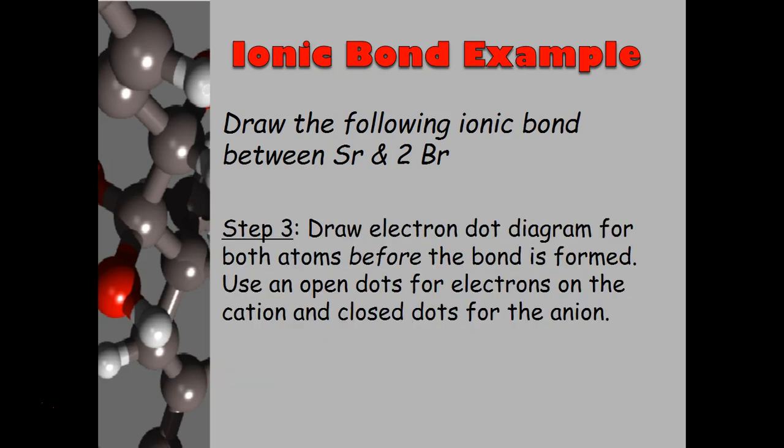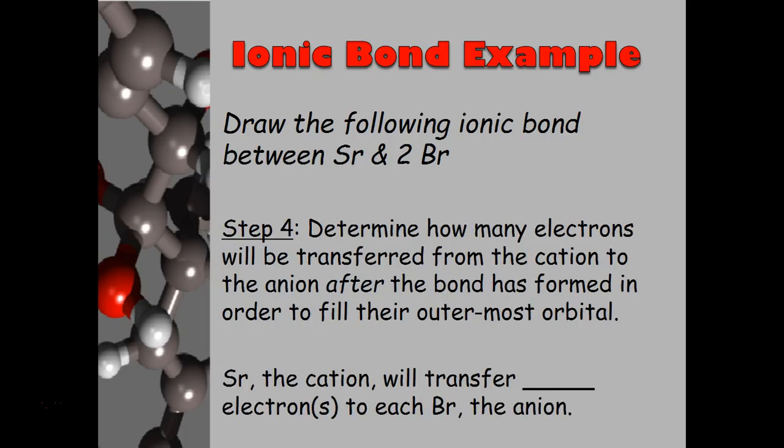So if I draw what this looks like before any bonding happens, there's my cation, my Sr, two dots, and my 2 bromines. I need to draw both of them. I've got 2 this time. And they both have 7 closed circles. So here's where it becomes a little tricky. That strontium, that Sr, is your cation.